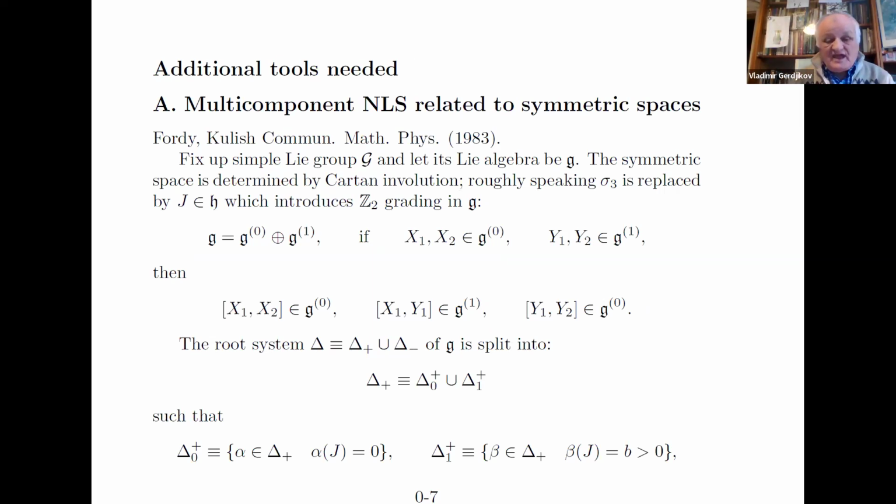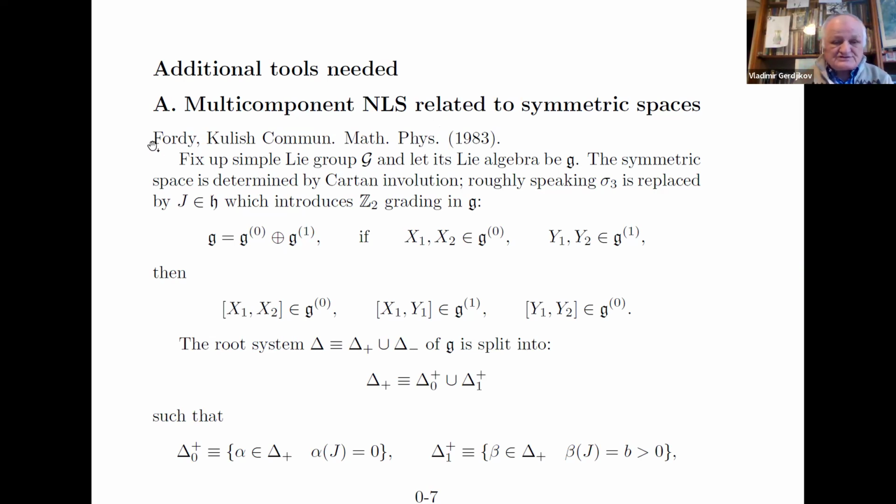Before I outline my idea, I will need also some additional tools to remind you. For example, if we consider multi-component nonlinear Schrödinger equations, then we have to deal with symmetric spaces.